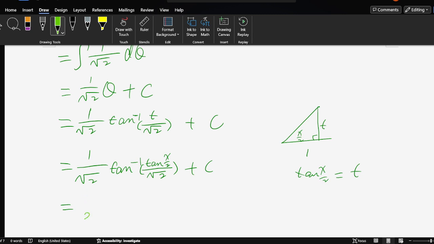So here, 1 over the square root of 2 arctangent, and here should be the square root of 2 over 2 times tangent x over 2.